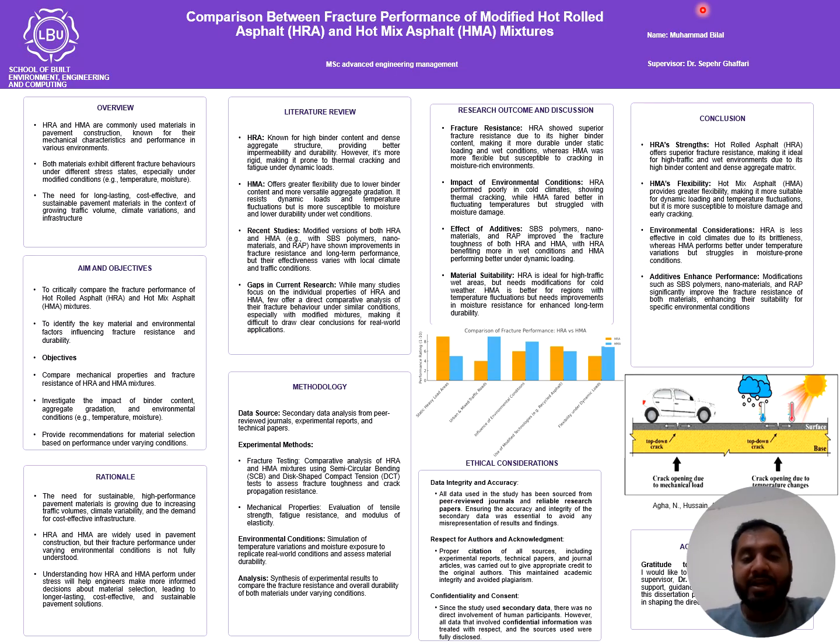Increase use of recycled asphalt and warm mix technologies to reduce environmental impact. Incorporate life cycle assessments in pavement design to ensure economic and environmental balance. Future studies should focus on long-term field monitoring to validate lab results and improve predictive models.